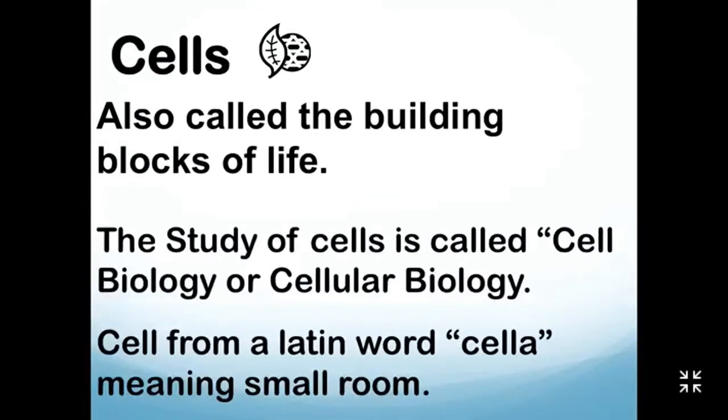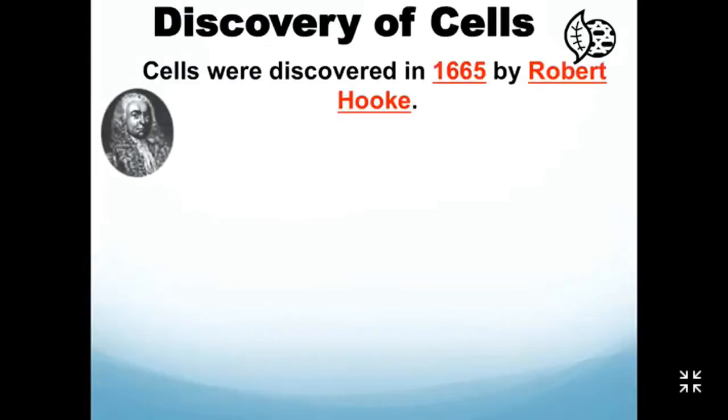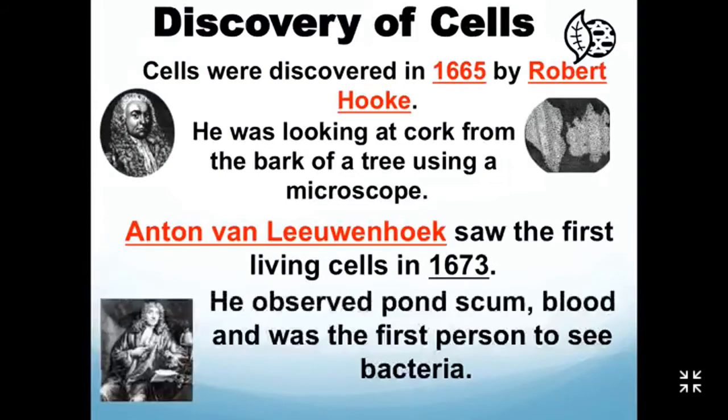Next one, the study of cells is called cell biology or cellular biology. Cell comes from the Latin word cella, meaning small room. Now let's proceed to the discovery of the cell. It all started with Robert Hooke during 1665.